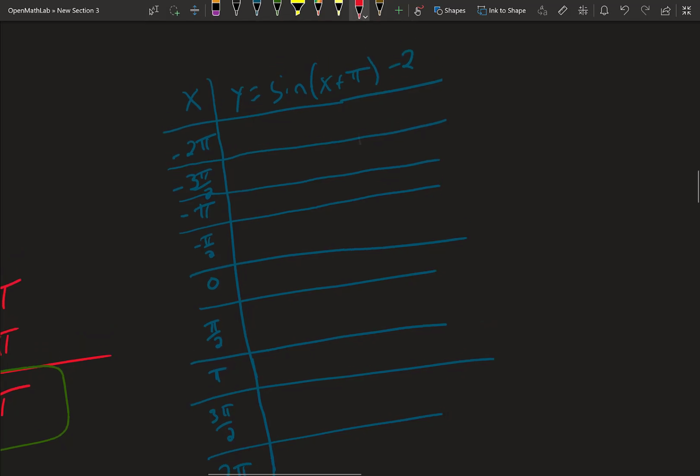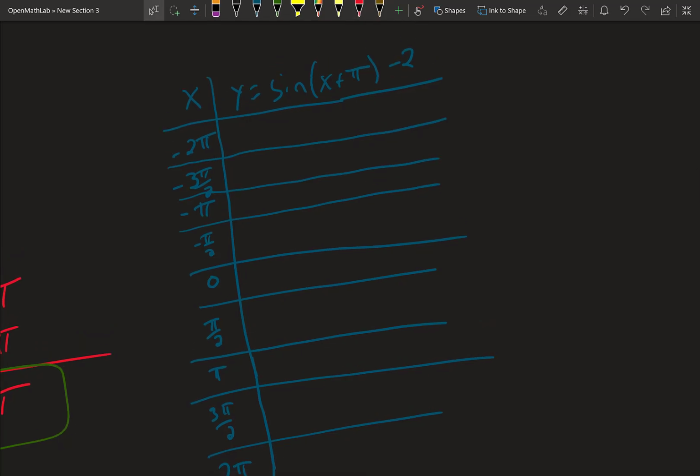So again, we just need to find these values. So I need to plug negative 2 pi in for x and then simplify sine, right? So we'd have y equals sine of negative 2 pi plus pi minus 2, which would be equal to sine of, so negative 2 pi plus pi is negative pi, minus 2.